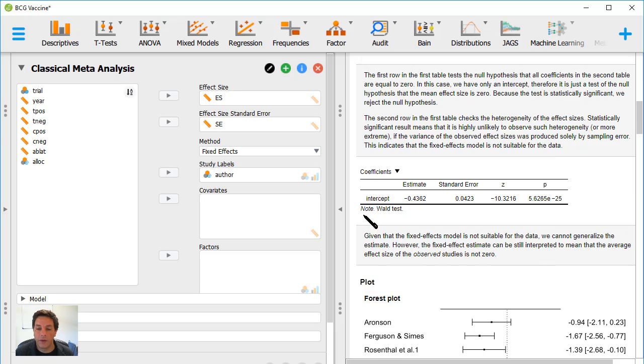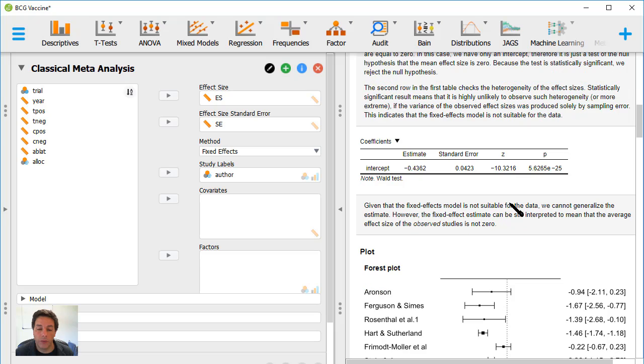Here it says that the estimate of the effect size is negative 0.436 and the standard error 0.04. So it's showing that the effect size is not 0, but we need to do a random effects meta-analysis to be able to generalize these results to the population.